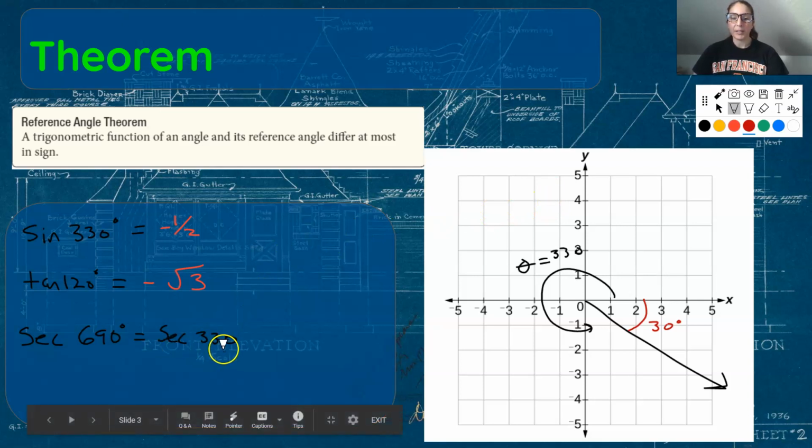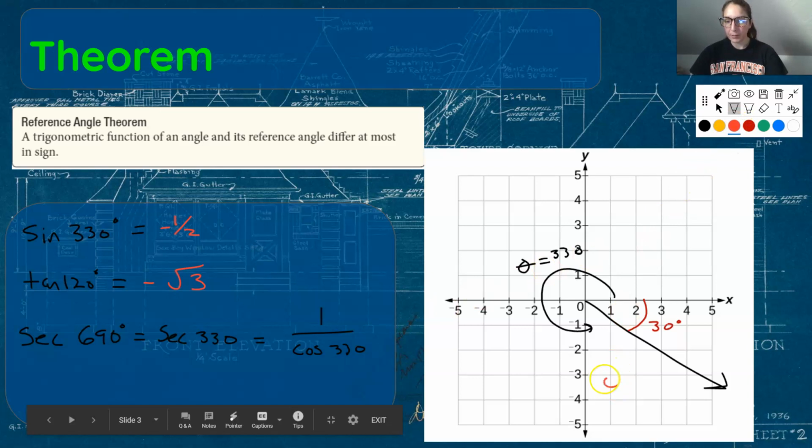I'm using secant, right? But my table of trig functions only tells me sine, cosine, and tangent. So what could I do with this? Well, secant is 1 over cosine, right? So this is equal to 1 over cosine of 330. Now I'm getting somewhere. Okay, cosine I can do something with.